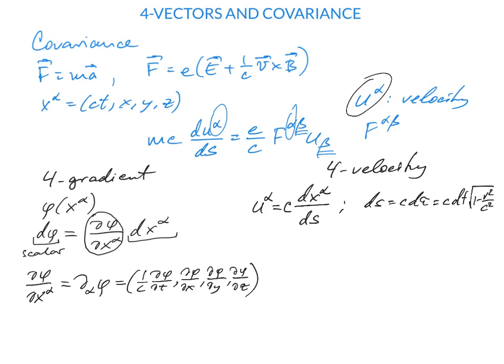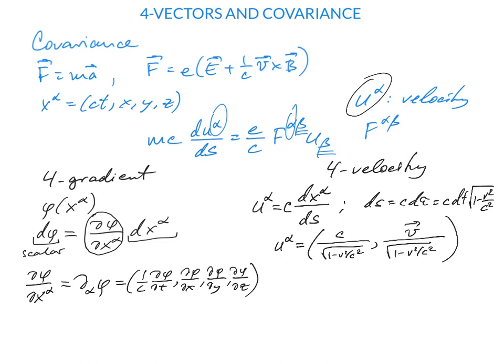So the components of the 4 vector u alpha in regular notation will look like c over the square root, and then the space-like components look like vector v divided by the square root. So with this definition, u alpha is a contravariant 4 vector.